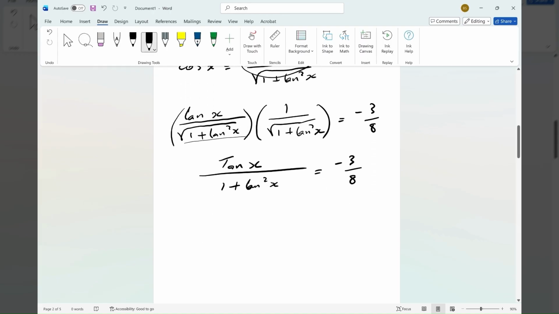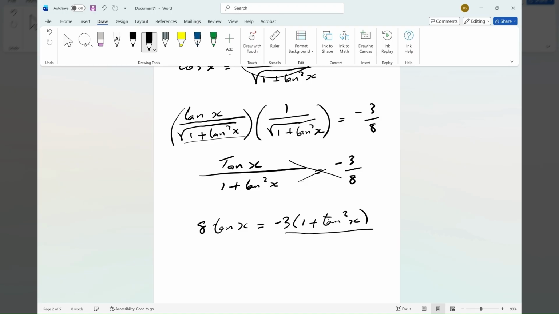Now let's cross multiply, and we are left with 8 tan x is now equal to negative 3 times (1 plus tan squared x).